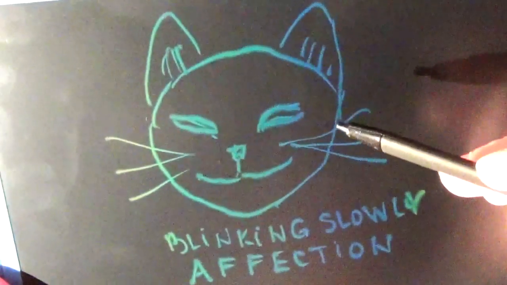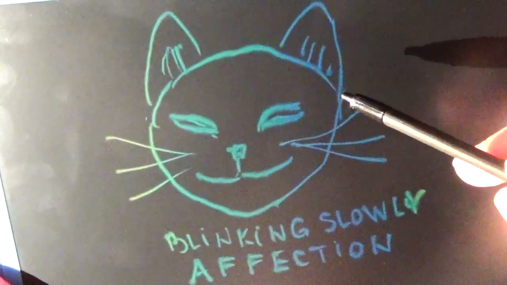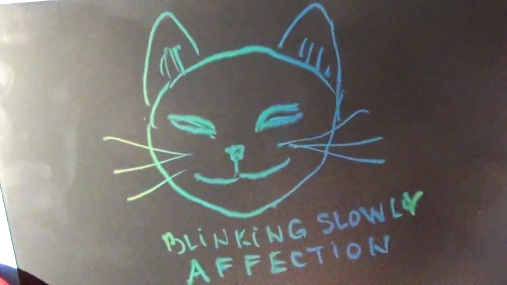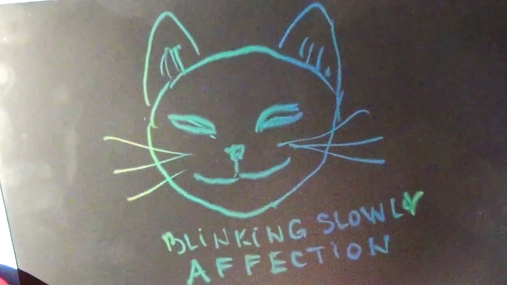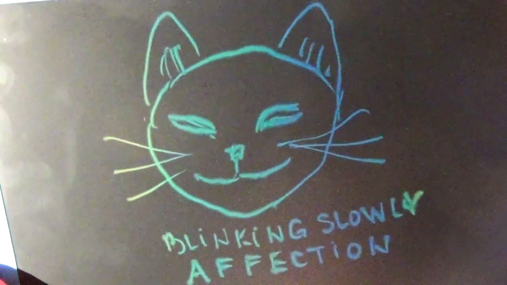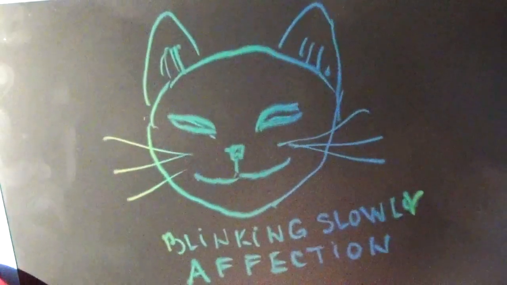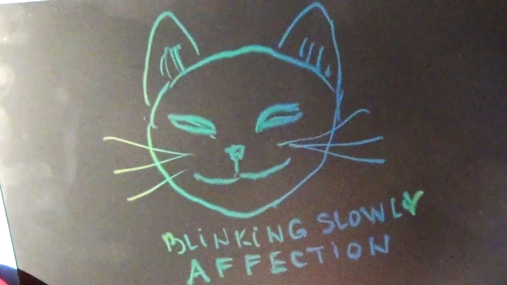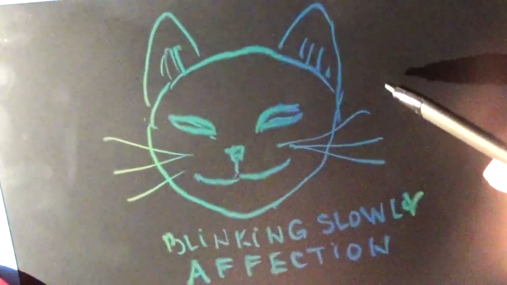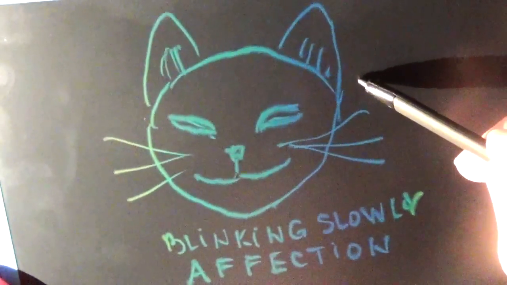So it shows that the cat is feeling comfortable with the people around her, and she is expressing love, affection, happiness. Usually, when the cat is blinking like this, it is also purring.